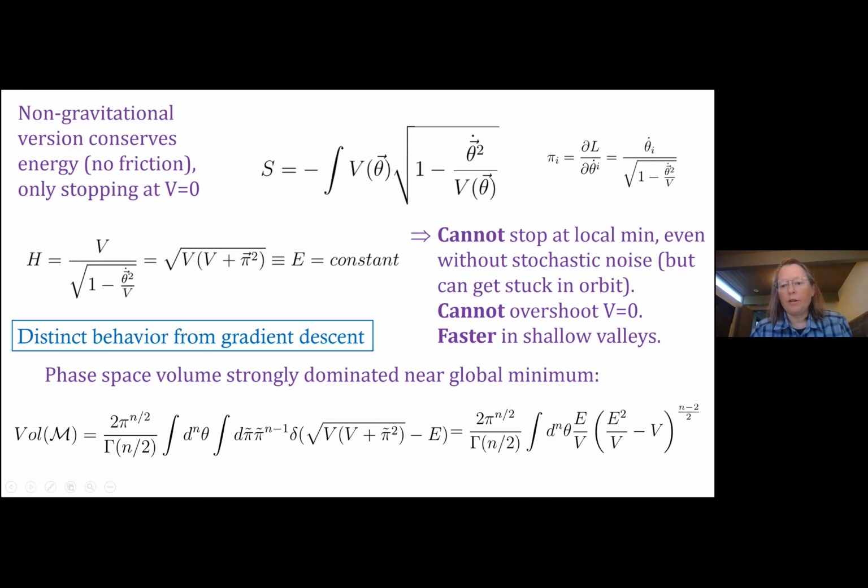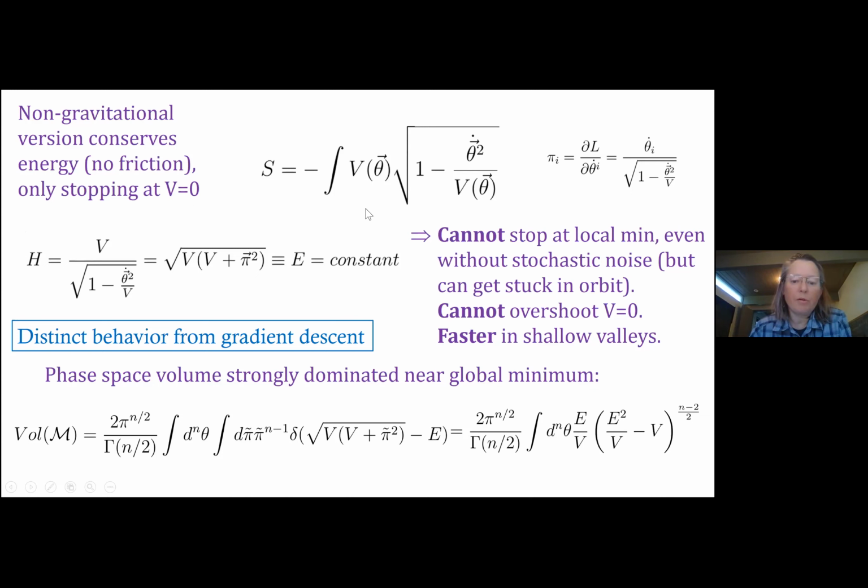One can work in a first order form where you have momenta and positions, or velocity and positions, velocity being theta dot here. And one can work out the consequences of this hypothesis, one of which is that there's no friction.